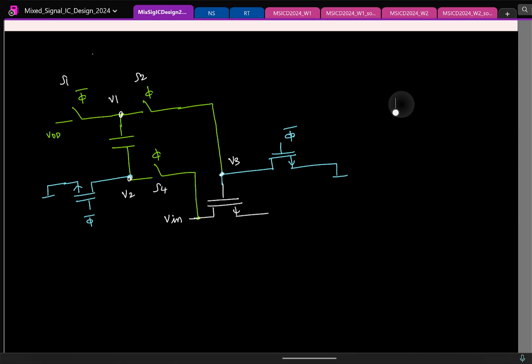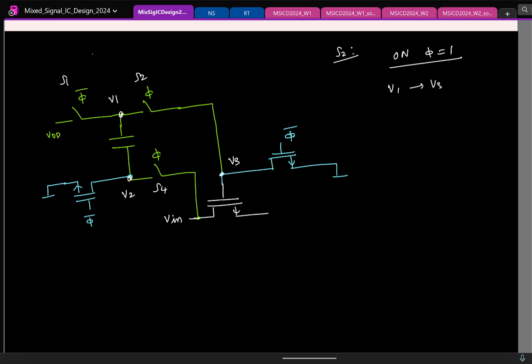Yes. So now let's look at this switch S2. When S2 is on, phi is 1. I am looking at this fellow. So what is it trying to do? When it is on, it is trying to pass V1 to V3. Fine. And what is the value V1 can take?